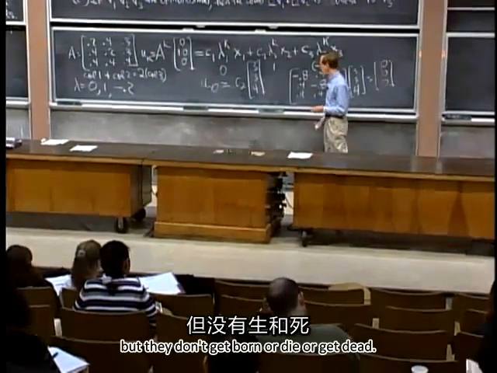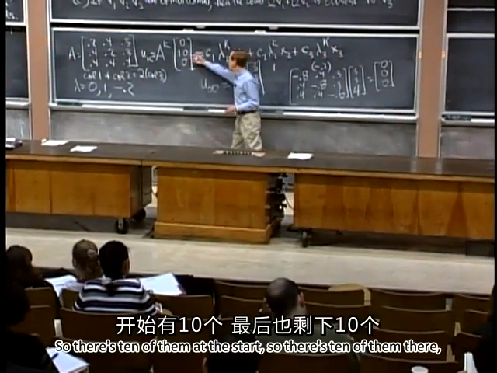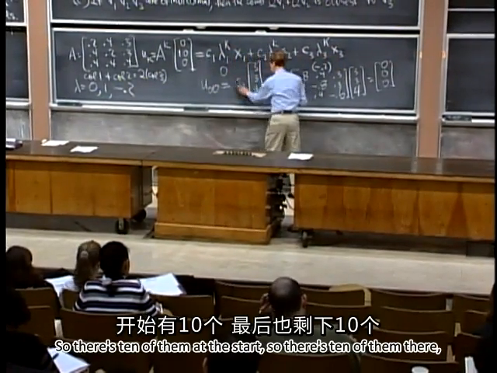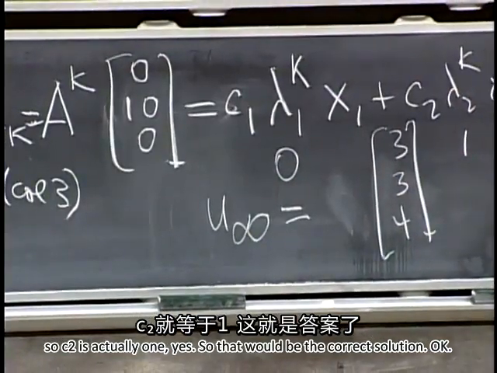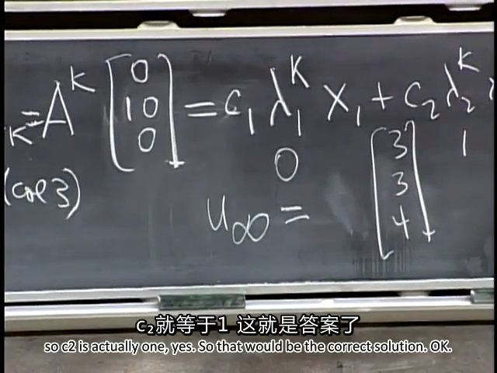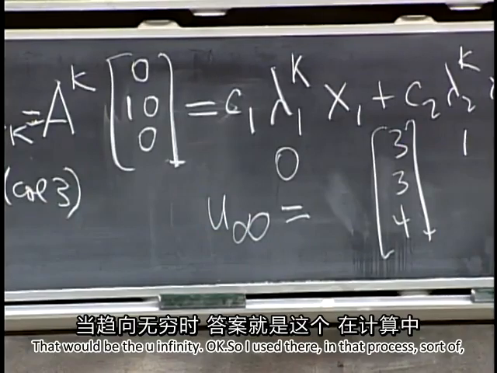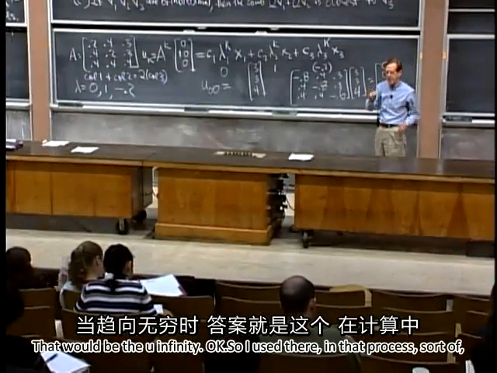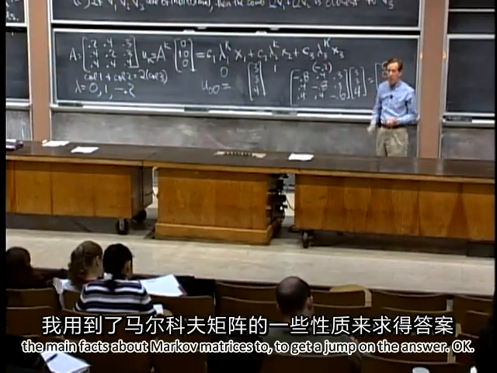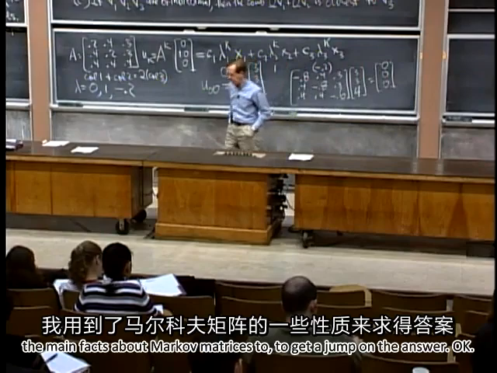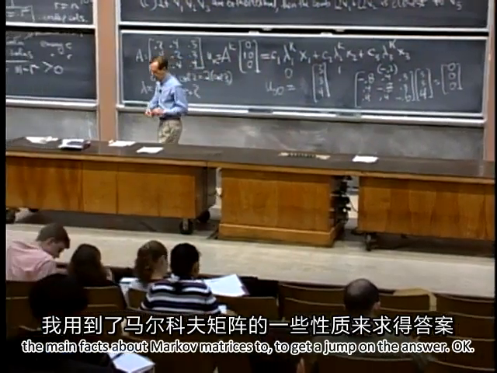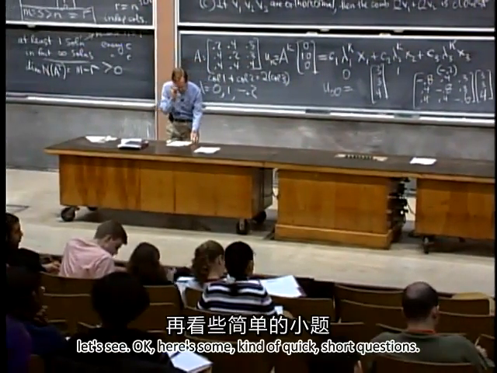So there's 10 of them at the start, so there's 10 of them there, so c2 is actually 1. That would be the correct solution, that would be the u infinity. So I used the main facts about Markov matrices to get a jump on the answer.